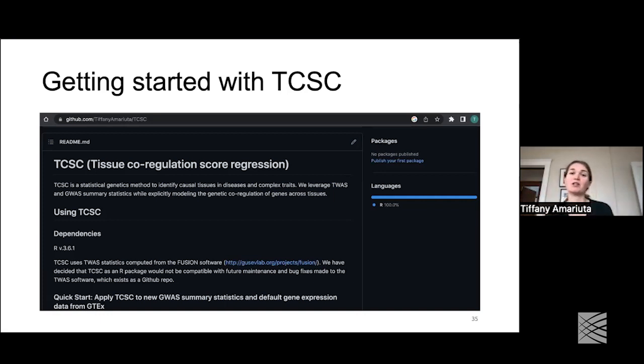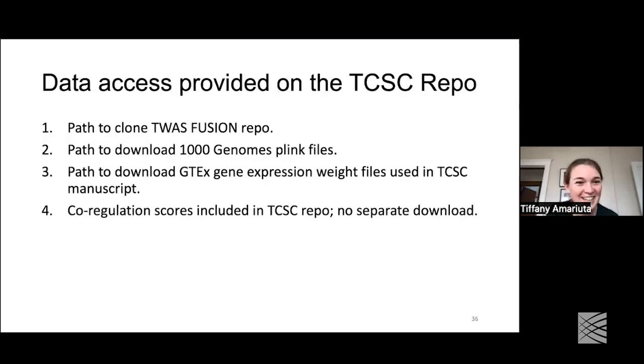Because if you do want to apply TCSC to GTEx data, there's really no need to process it all again, especially now that we've downsampled tissues so that they have equal sample size and meet those criteria for considerations that we've identified are important in simulations.